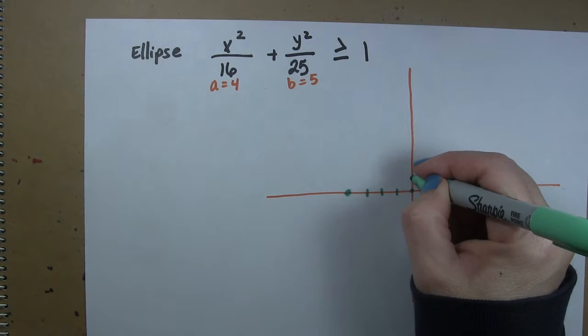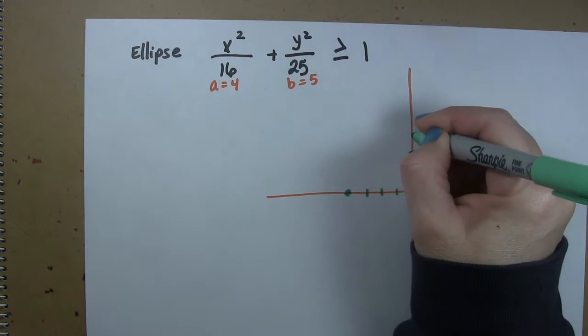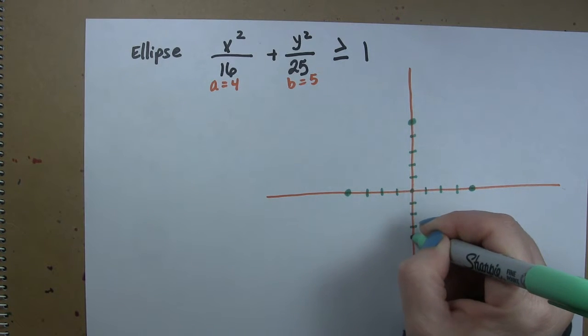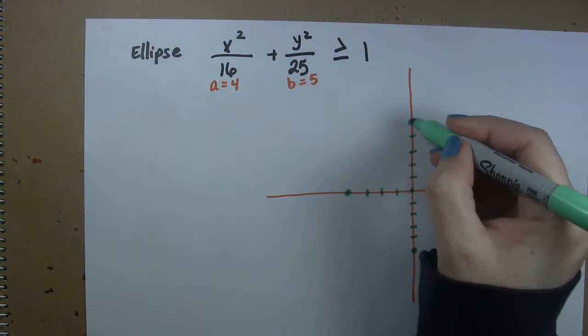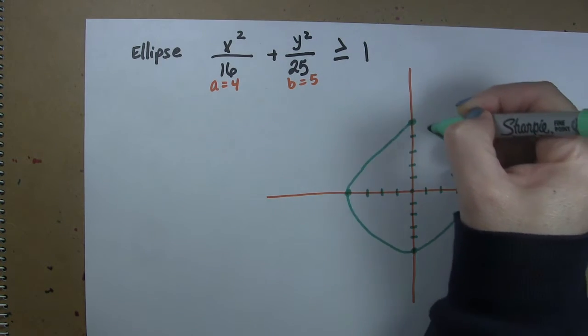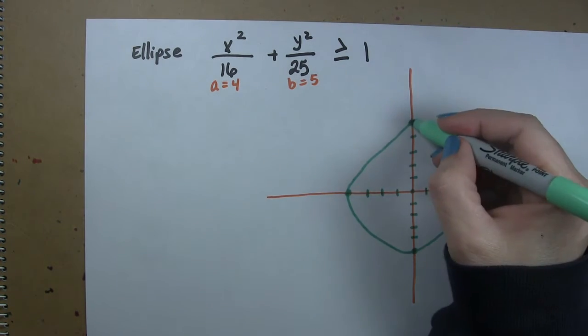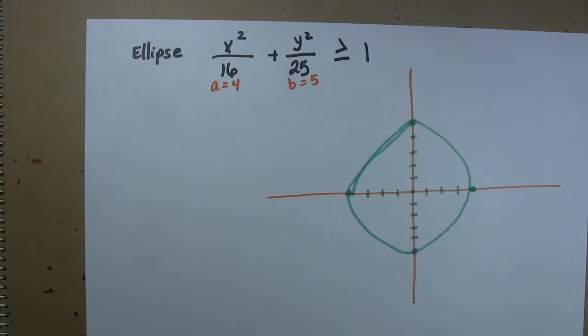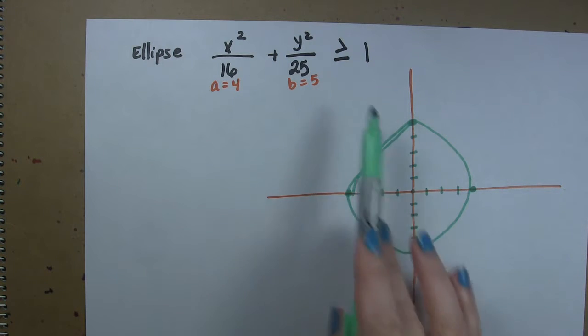And then for our b value, we have 1, 2, 3, 4, 5, and 1, 2, 3, 4, 5. So we draw our ellipse, which is slightly longer north and south than it is east and west. And so we're good.